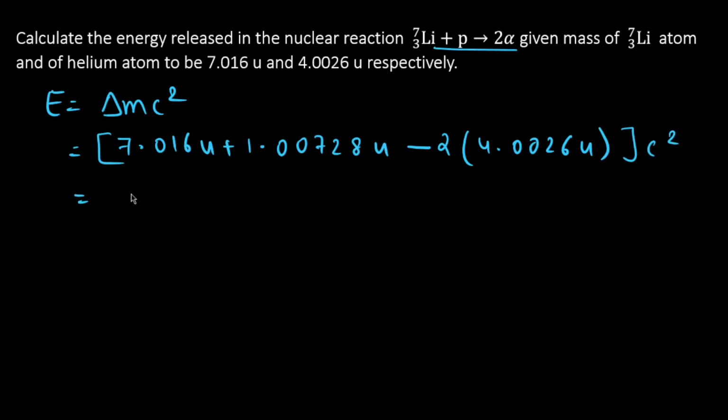So calculating this, we get 0.01808 into u into c square, and u into c square we know is 931.5 mega electron volt.